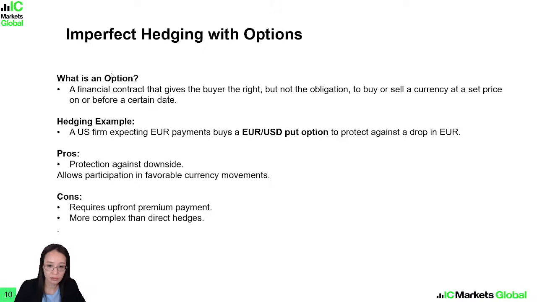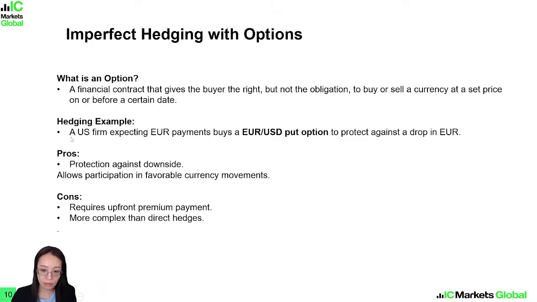But what is an option? Basically a financial contract that gives the buyer the right but not the obligation to buy or sell a currency at a set price on or before a certain date. If any of you trade options, you should understand, but I basically just trade futures and forex. No options.